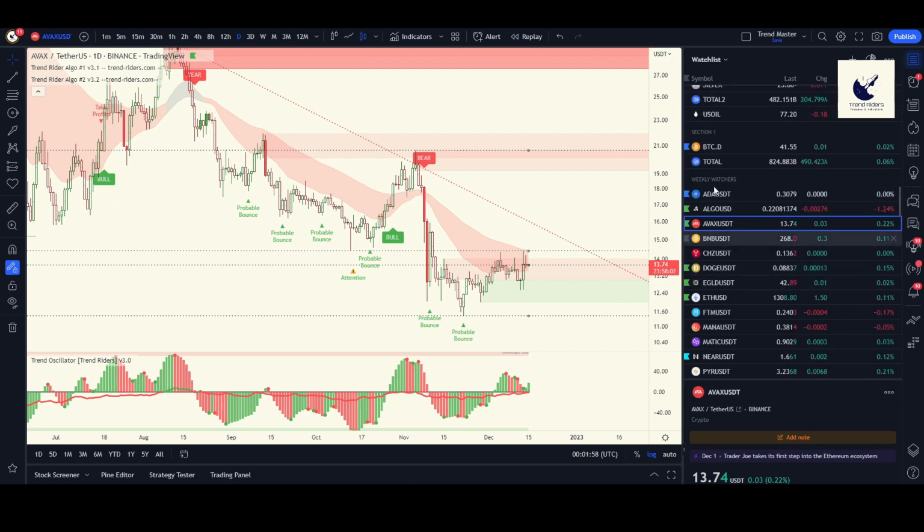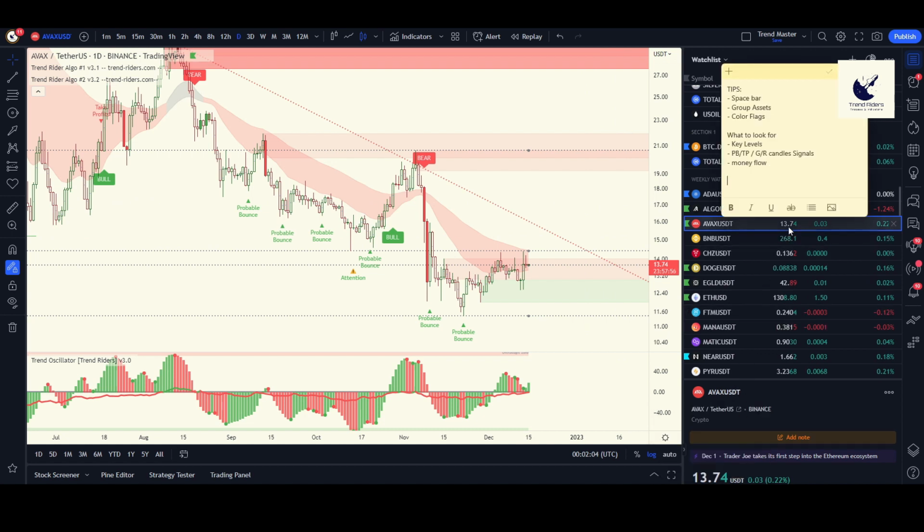So this is it, guys. I go to this coin. My final tip of advice is that the lower the time frame, the fewer coins you should have on your watch list.